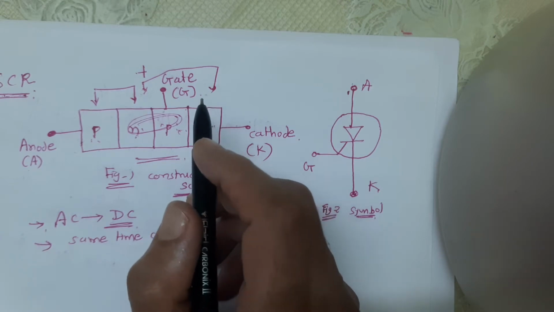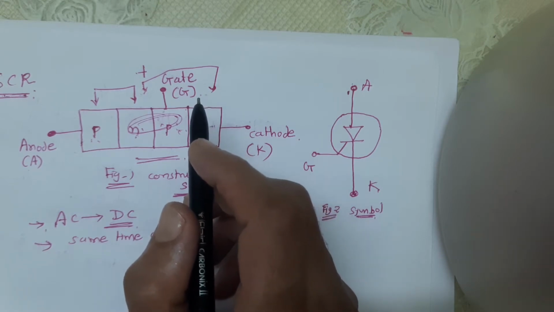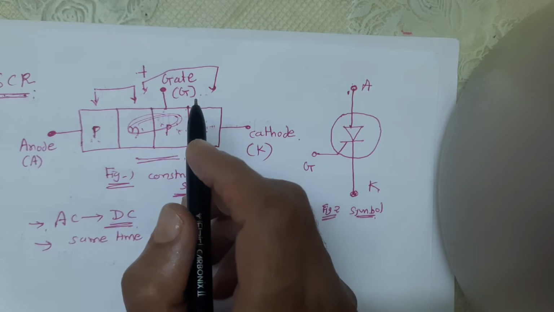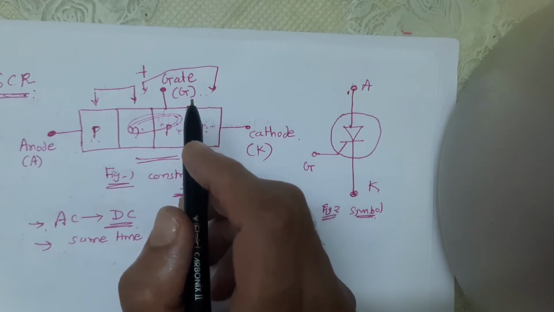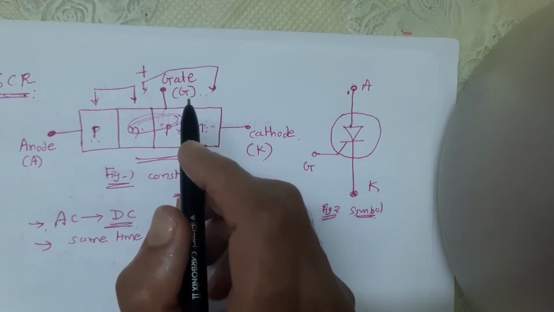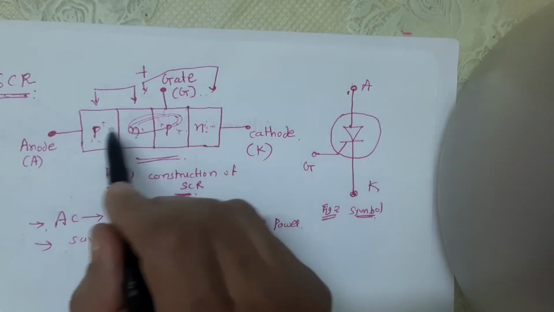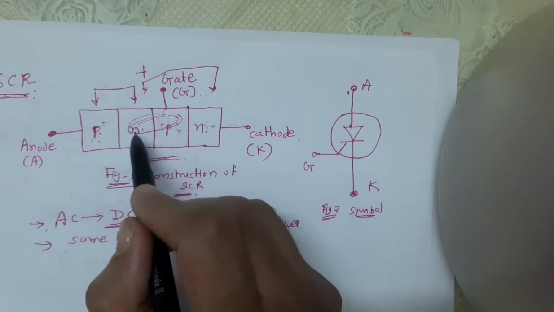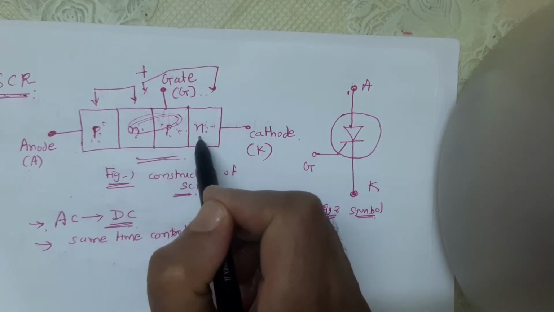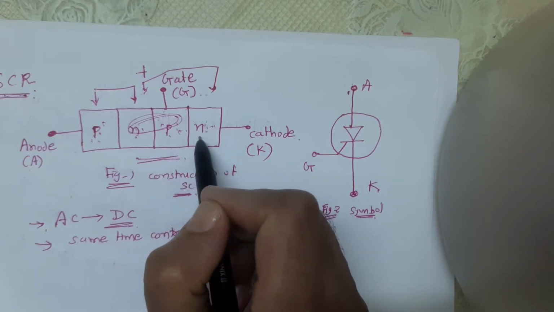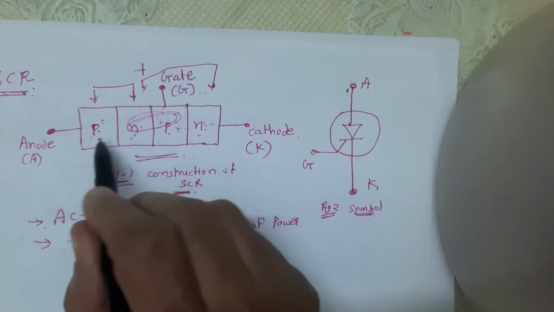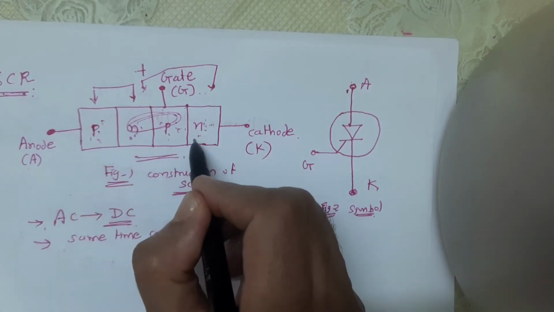Figure 1 shows the construction, figure 2 shows the symbol of the SCR. It is essentially an ordinary rectifier, that means PN, and a junction transistor, that means NPN, combined in one unit, which forms the PNPN device.